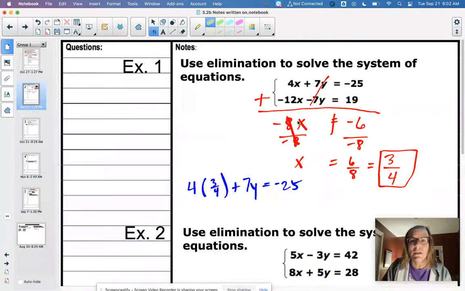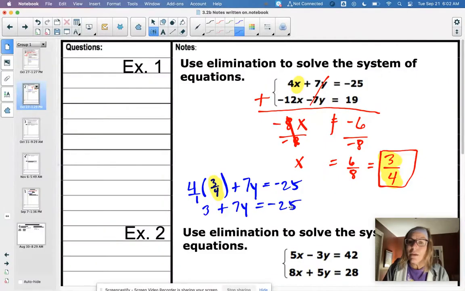So I took this answer and plugged it in there. 4 is like 4 over 1. So 4 over 1 times 3 over 4 is just going to be 3, plus 7y equals negative 25.